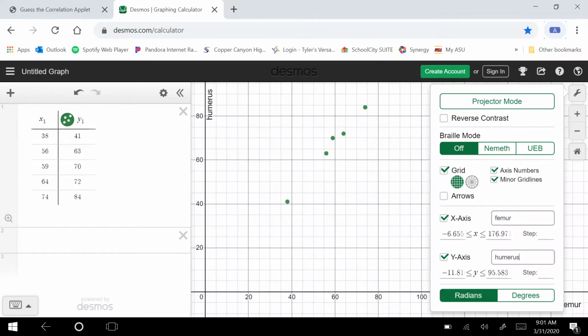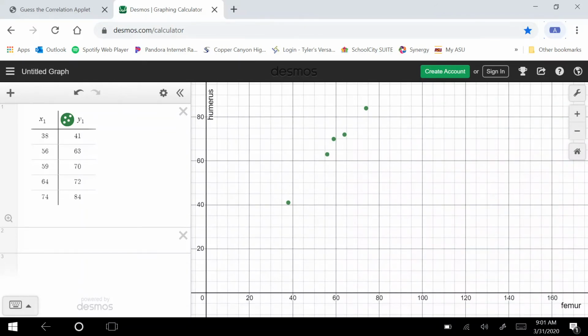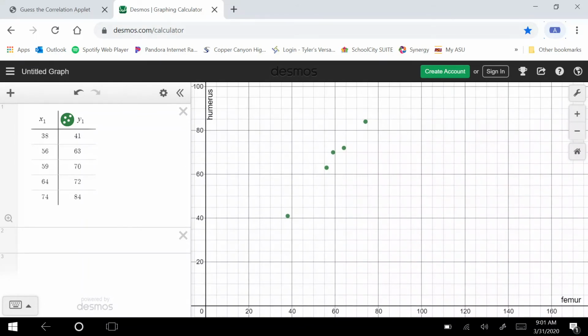And that should be pretty good. Now again, a little review. Don't connect my points, and I have a brief little scatter plot of 5 points.